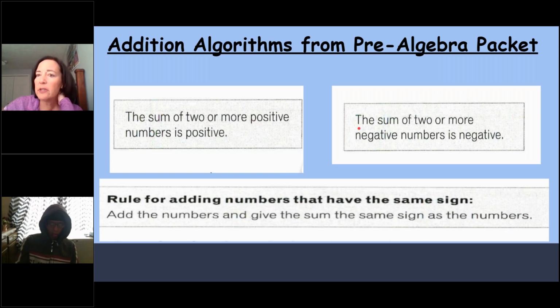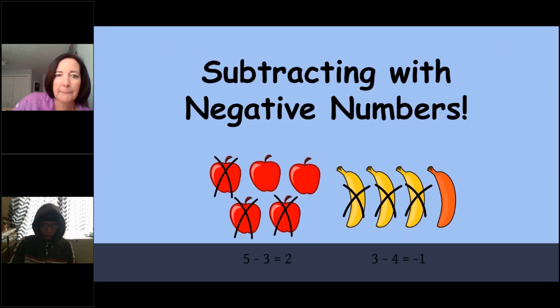Their next algorithm was the sum of 2 or more negative numbers is negative. Again, the answer to an addition problem of 2 negative numbers is negative. We did that. And then their big algorithm for adding was rules for adding numbers that have the same sign: add the numbers and give the sum the same sign as the numbers. And that's virtually the same algorithm we had.